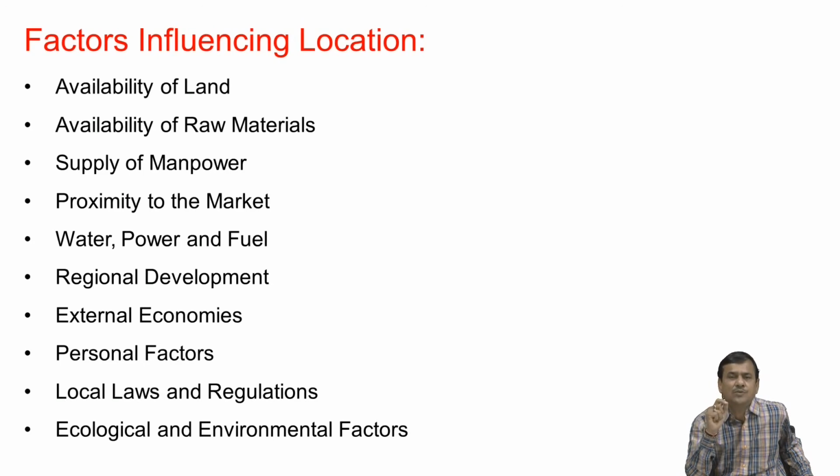If we want to save ourselves from the adverse effects of climate change, then we will have to preserve our ecological setup and our environment. So before establishing any manufacturing unit, the manufacturer, the entrepreneur, the businessman, the investor should take into consideration all these factors.